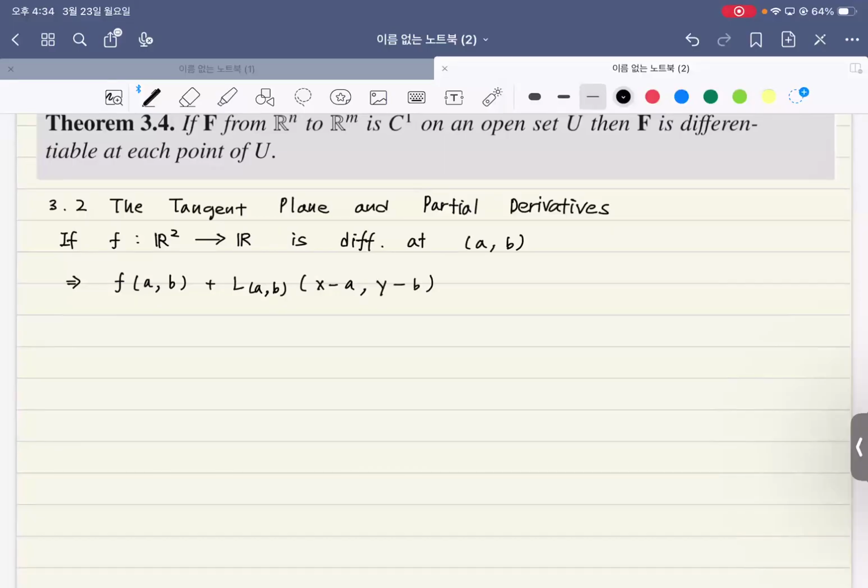This is the linear approximation of f at (a, b).